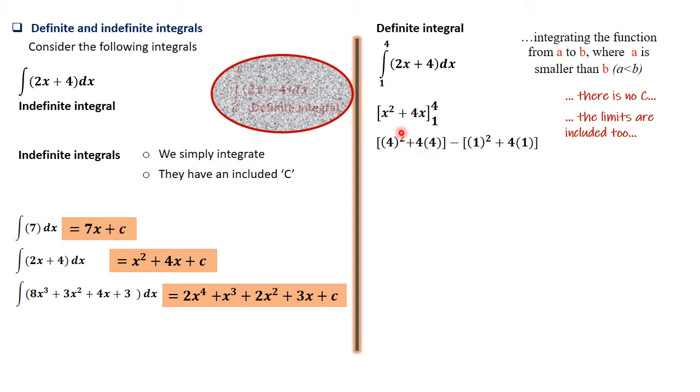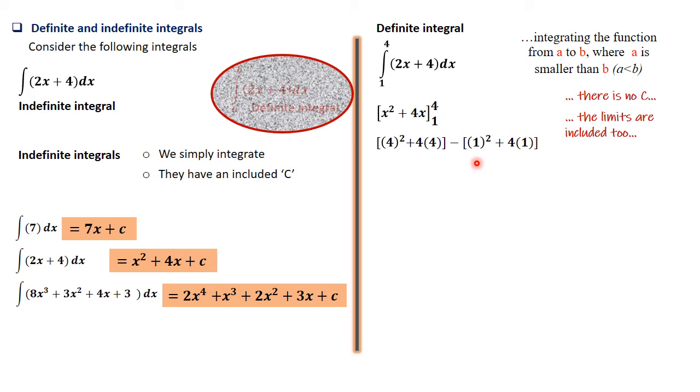This is minus the same thing, but this time replacing the value of x with 1. So you have 1 squared plus 4 times 1. So this is the first bracket with x being 4, minus the same thing with x replaced by 1.